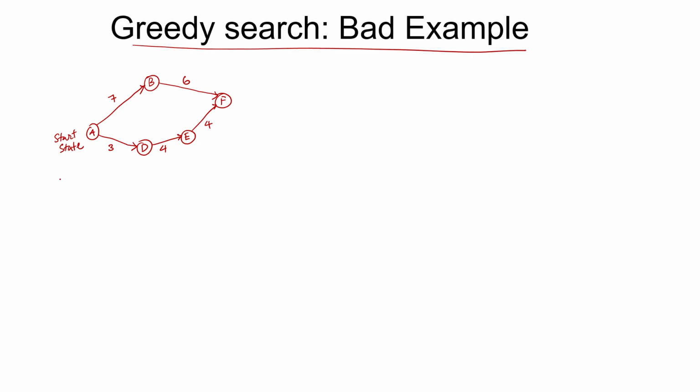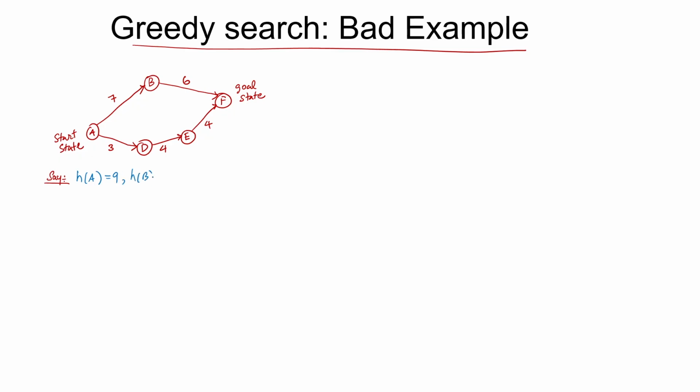And also let us say the heuristic that we talked about yesterday, H of A. By the way, your goal state is F. So, the aim is to go from A to F. So, H of A is equal to 9, this is the straight line distance.